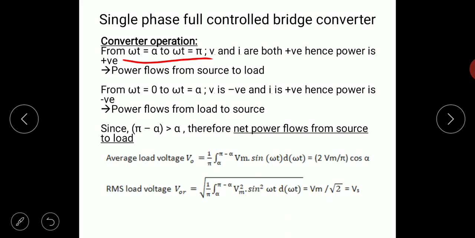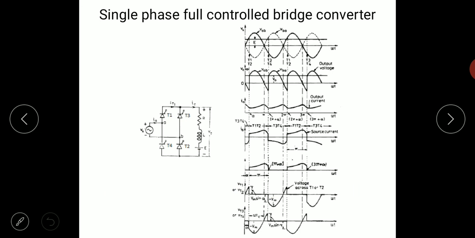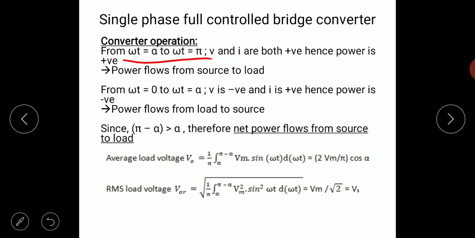Between omega t equal to alpha to pi, at this period, you can see that voltage and current both are positive. That means power is positive. Power positive means power will flow from source to load side.